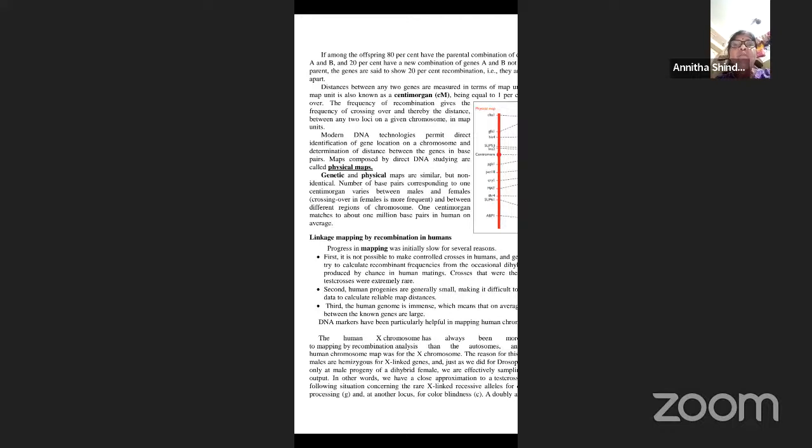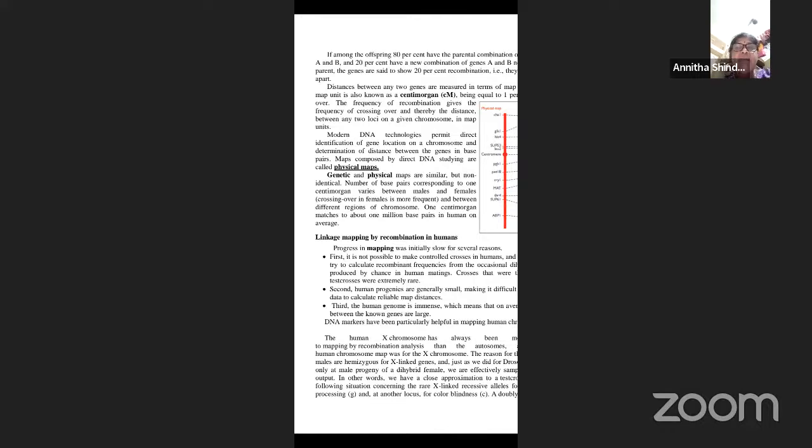When you talk about maps which relate to direct study of DNA, you say physical maps, whereas genetic maps are studied with reference to linkage. Physical map and genetic map are almost similar, but they are non-identical.